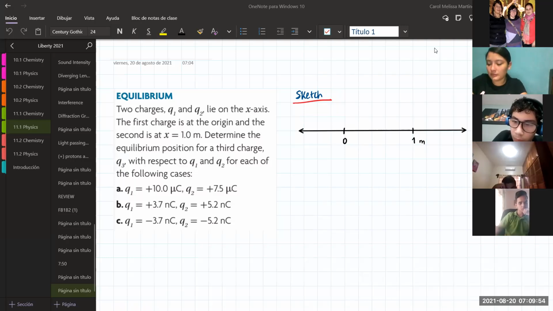okay. It says the first charge, which is Q1, lies on the origin. So in this place I'm going to place my Q1. It's a positive charge.